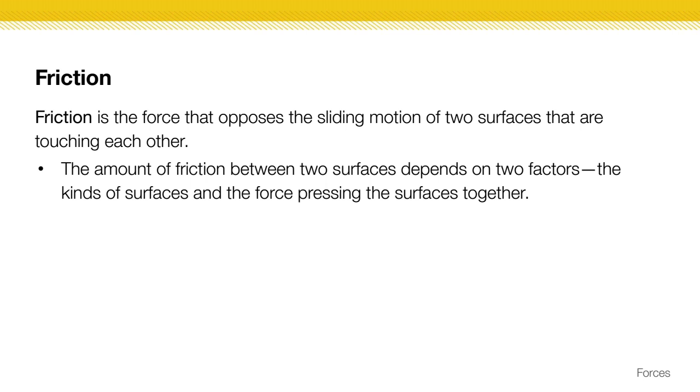So the type of surface definitely affects the friction, but also the amount of force pressing them together. If you are pushing two plates really hard against each other, it's going to be a lot harder to move them than if they're gliding past each other. So type of surface and the pressure on the surface. Those are the two things that can really affect friction.